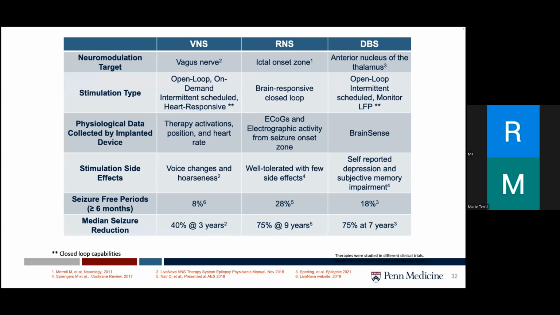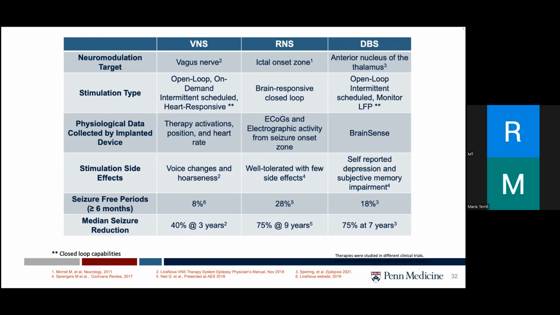There are 3 FDA-approved devices. Important to note that all of these devices vary in terms of their targets, their stimulation parameters, and their complexity. But the long-term efficacy for all these devices has generally shown a trend for improvement over time. In terms of the mechanism of action, there are several hypotheses that have been proposed.